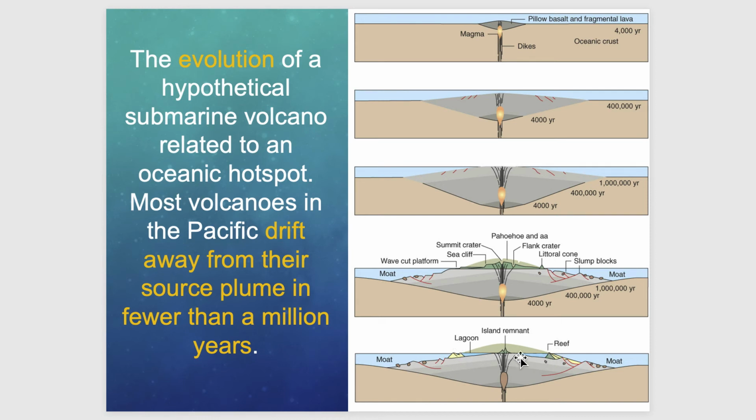So they will form a ring, usually of corals, that surrounds the summit of the marine volcano. And this is linked to this process of drifting. So progressively the volcano will drift away from the source plume, and this is why you're losing the top part of the volcano through erosion and weathering, and it gets submerged again.